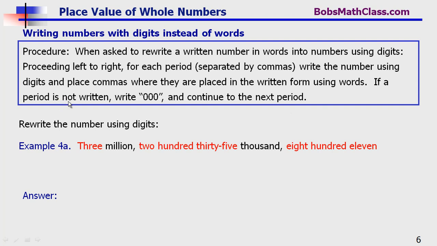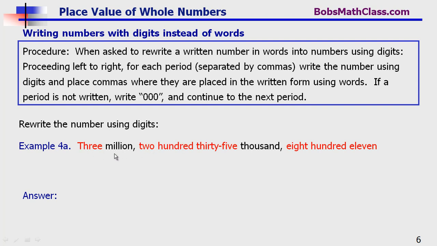If a period is not written, write 000 and then continue to the next period. So if we're missing a period, like the millions place or the thousands place, then you just have to write zeros in that place. Okay, we'll get to an example like that in a little bit.